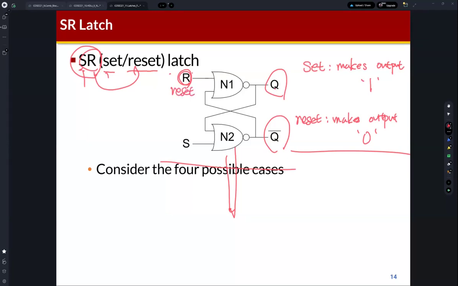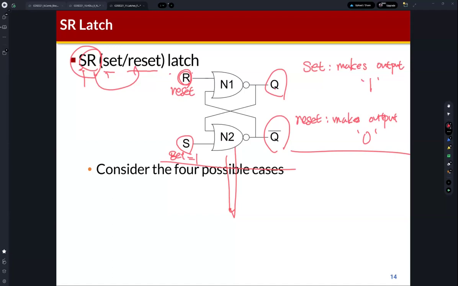So if R becomes 1, then output will become 0 because this is reset. Make output 0. The set is here. If the set is 1, then output will become 1.